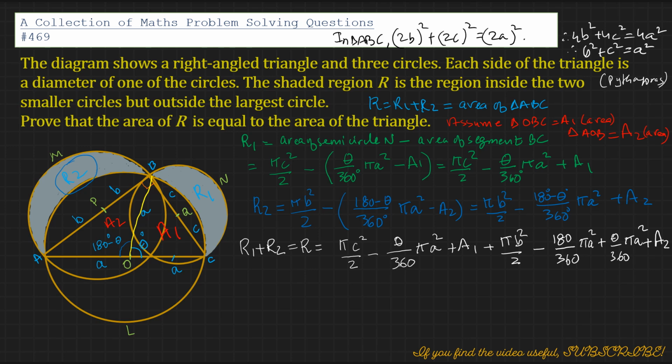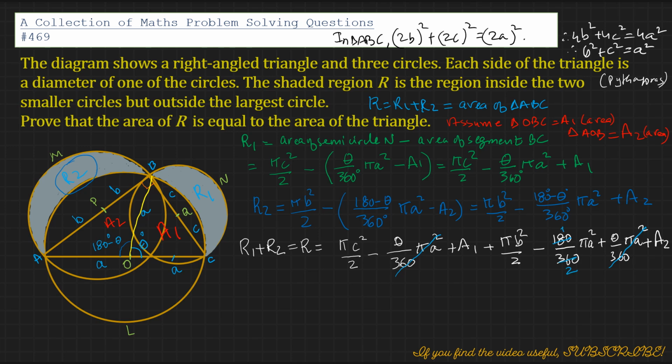So we first look for cancellations, and that's here. One of them goes out, theta out of 360 and theta out of 360 pi a square. Now you see 180 out of 360, we can rewrite it as 1 out of 2.